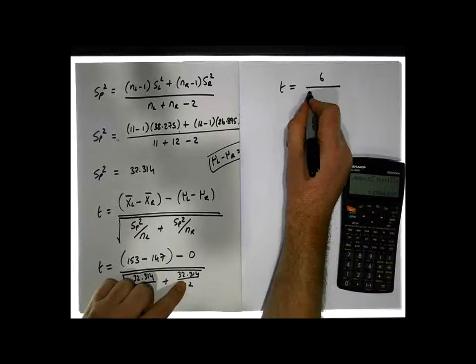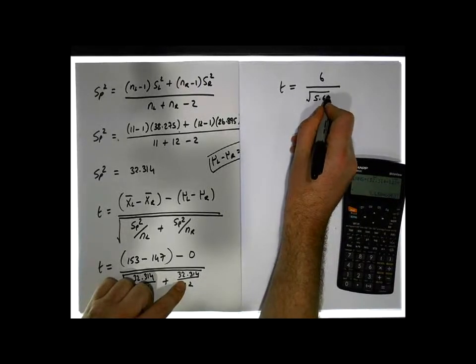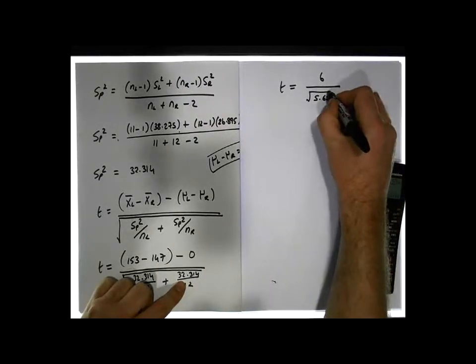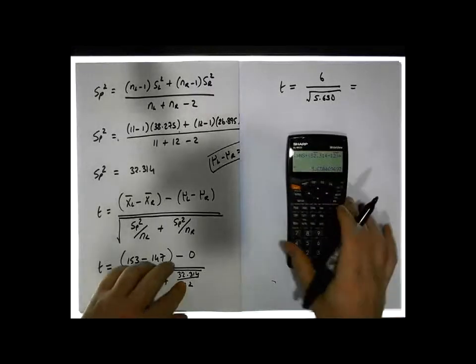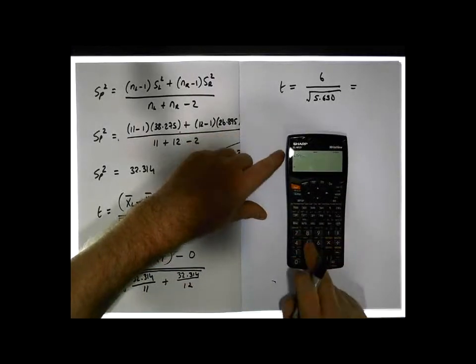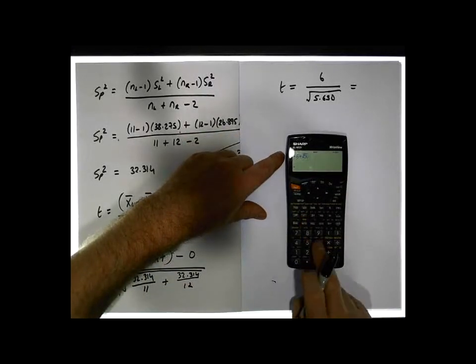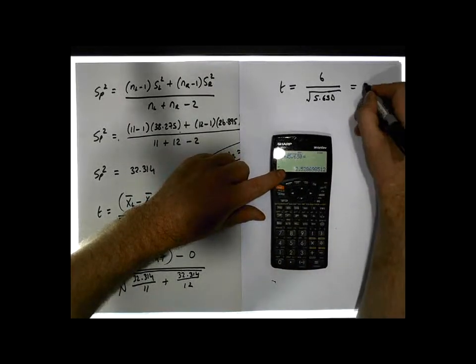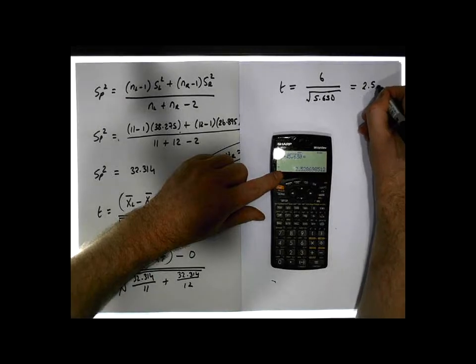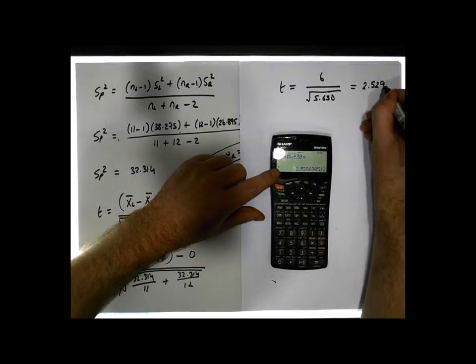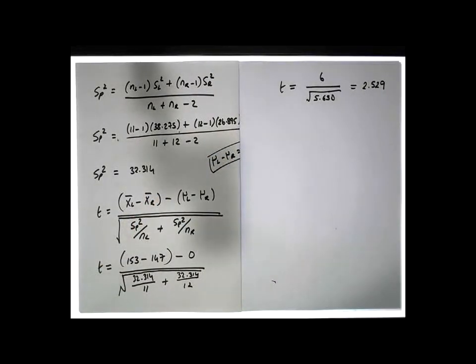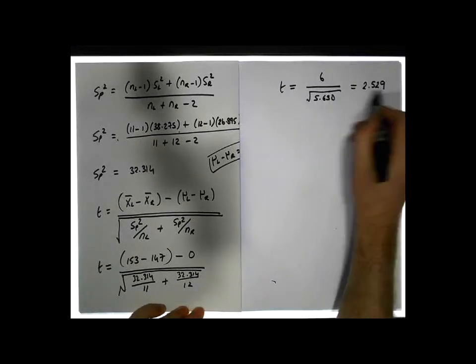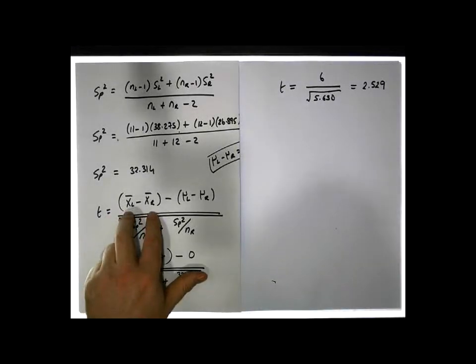So it's the square root of 5.630. When I do that now, I get 6 divided by the square root of 5.630, which gives a value of 2.529 to 3 decimal places. And that's the magnitude of the difference between the two mean values.